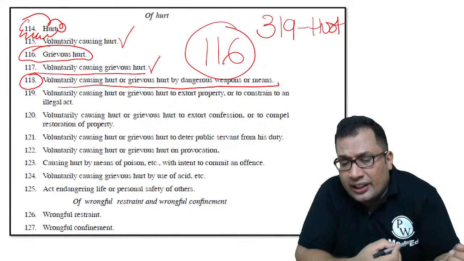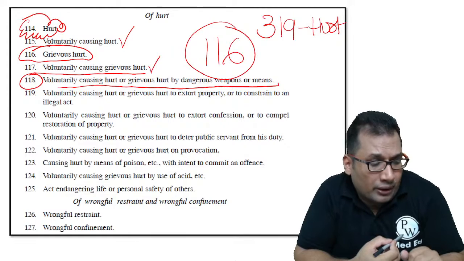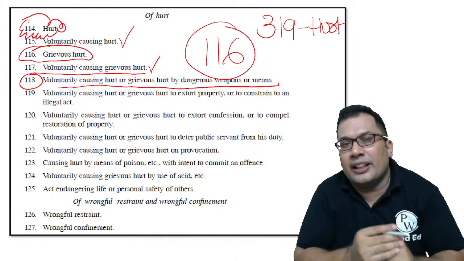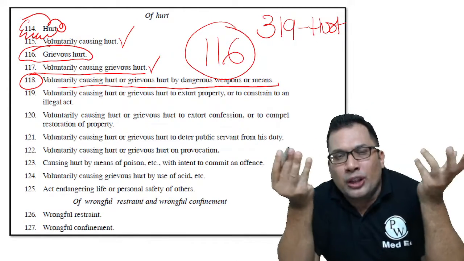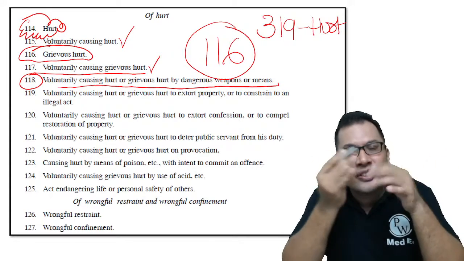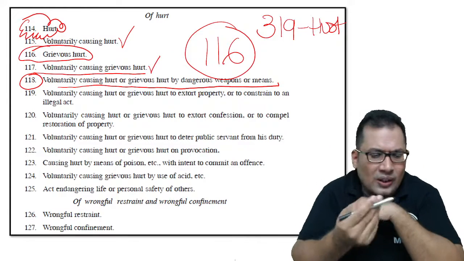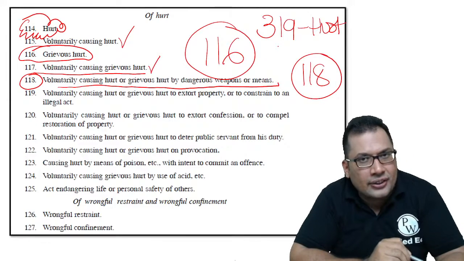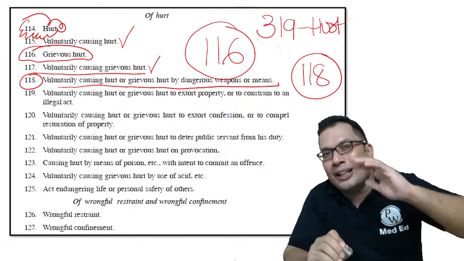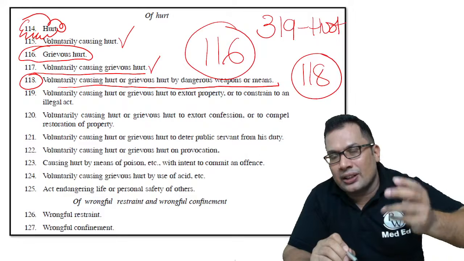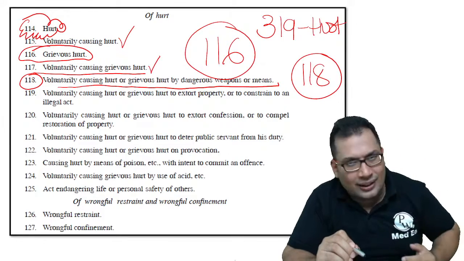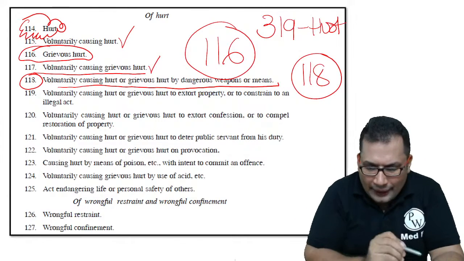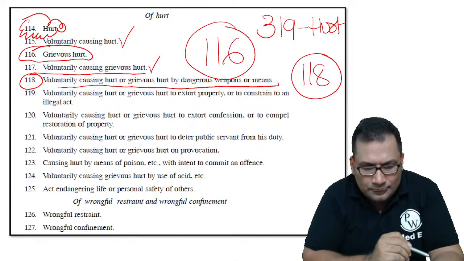What do you mean by dangerous weapon? A weapon used for shooting, cutting or stabbing purposes. All this comes under 118 BNS. I'm talking only about the medicolegal sections applicable to medical practice. Then let's see what else is important here.